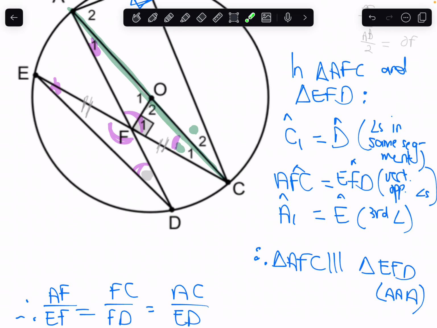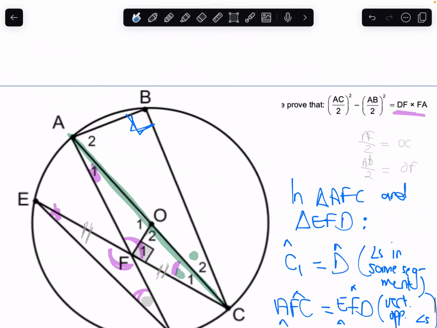So the one we care about is the one involving EF and FC. And we know that EF is the same as FC. So FC times FC is the same as AF times FD, which is what we have up here.